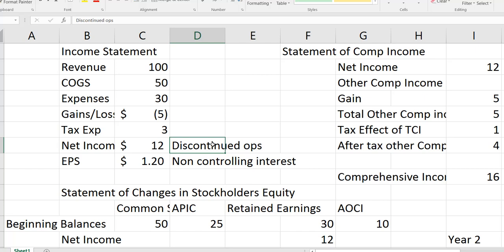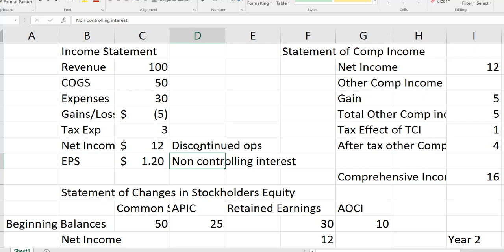And then non-controlling interest is the amount of money that is earned on behalf of the shareholders that are not in control of our subsidiaries. When we buy a company and control it, all we need to control is 51%.